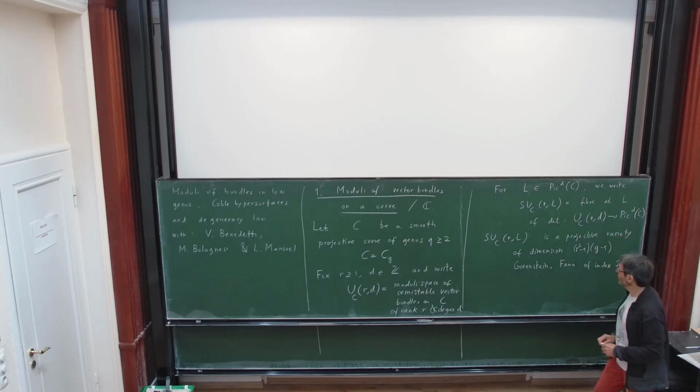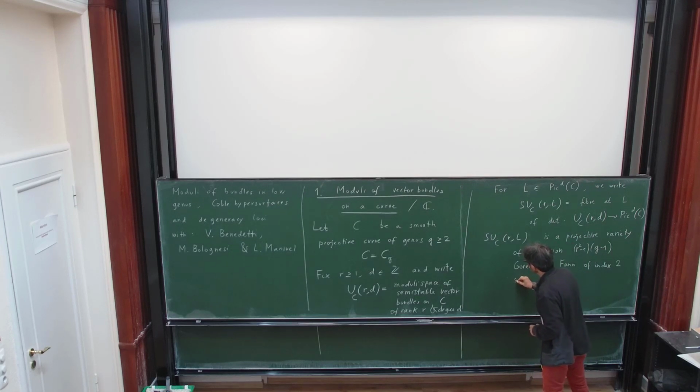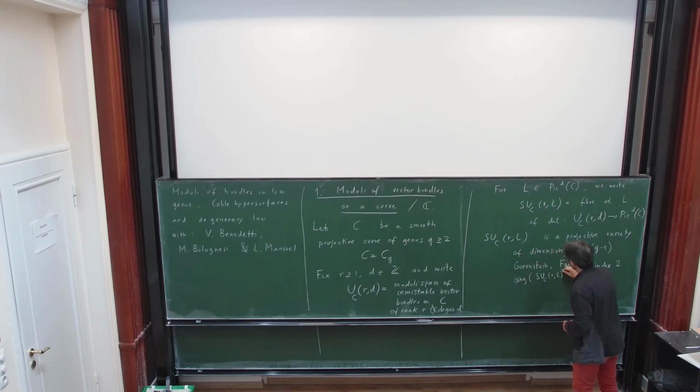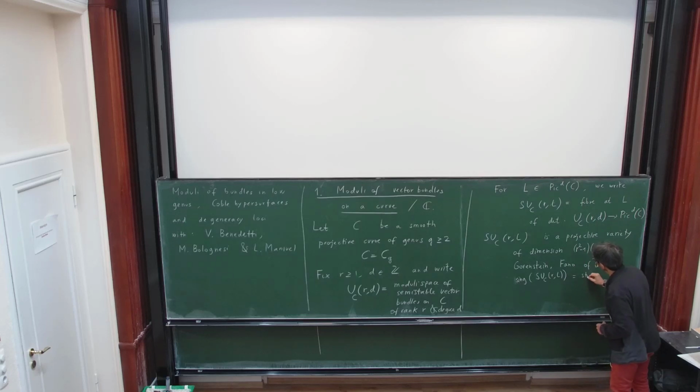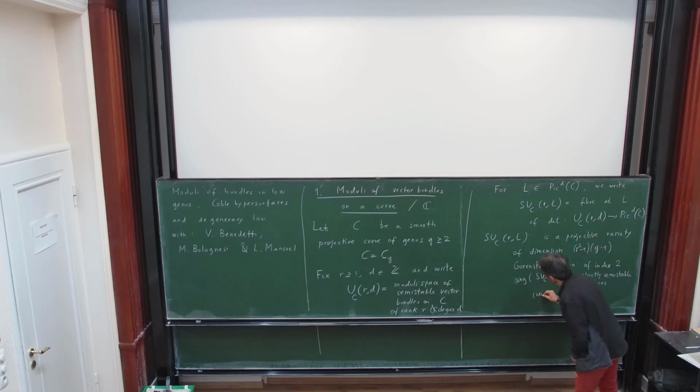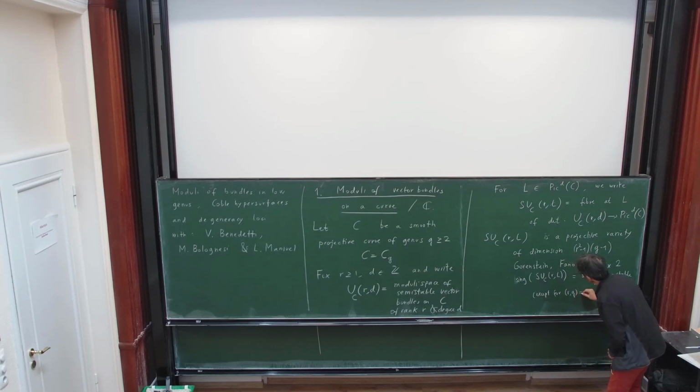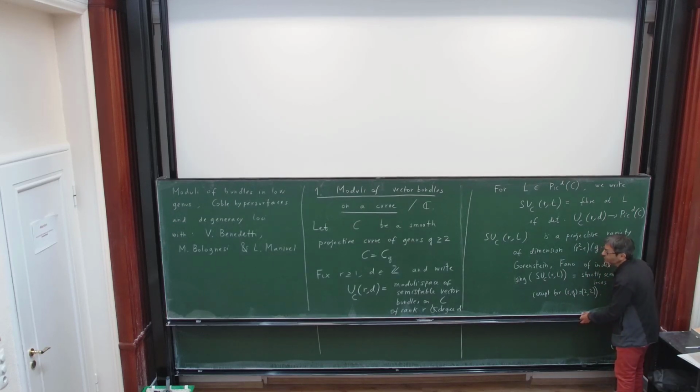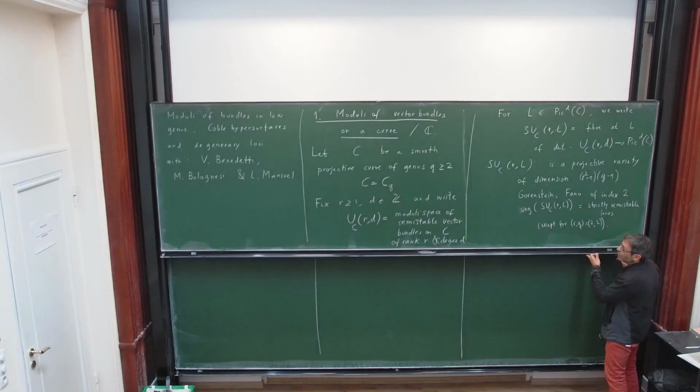And it is smooth away from the singular locus, which consists of the strictly semistable locus, except for (r,g) equal to (2,2). And so on. So I just want to say that we know many things about this variety.